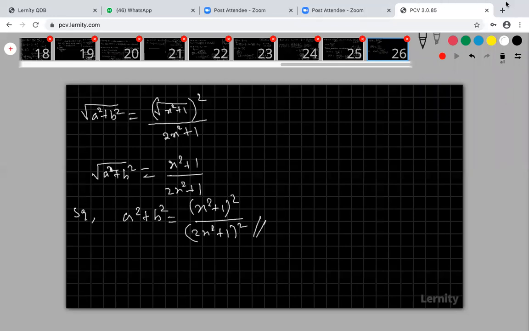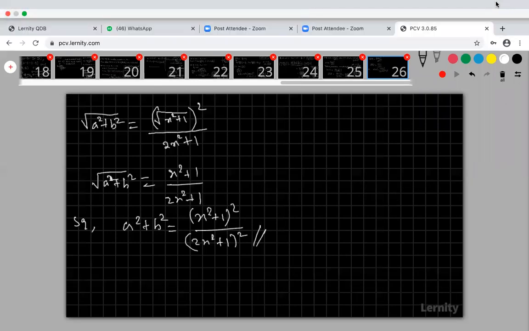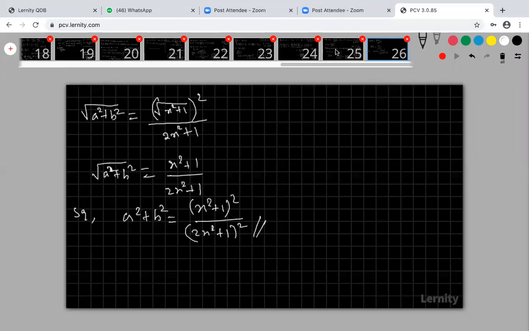Are you clear? Any doubt? Yes, Sneha, look at that. My Z1 is, take it as a plus ib. These results we have already proved; please look at our previous classes notes. My Z1 bar is a minus ib.